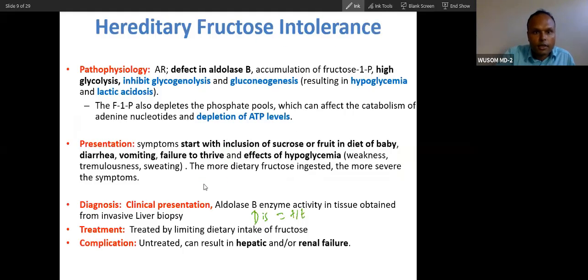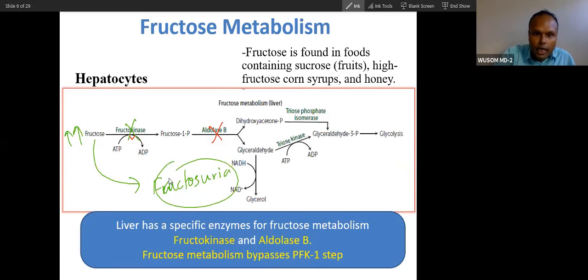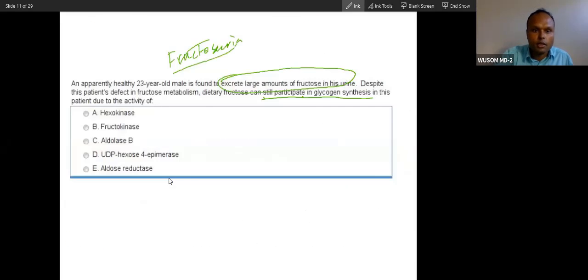This is the first enzyme deficiency. Because of that, fructose will be high and fructose will come into urine. Fructose in urine is fructosuria. So that is what this question says: a large amount of fructose in urine. So fructokinase is actually deficient.